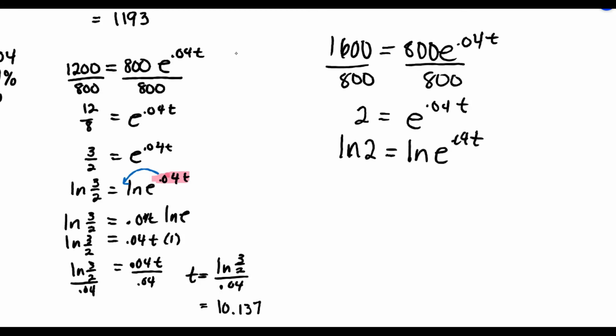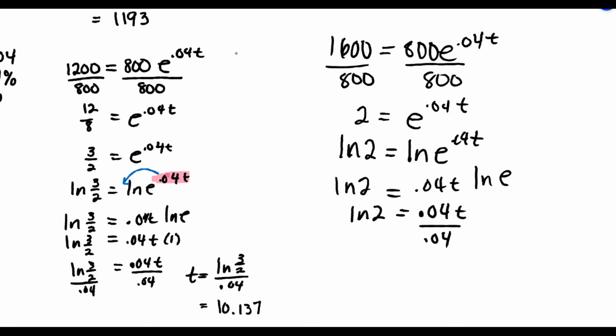I would use the power rule to bring that 0.04t out of the exponent. Natural log of e is 1, leaving me with 0.04t equals natural log 2, and then I would divide both sides by 0.04. T equals natural log of 2 over 0.04.